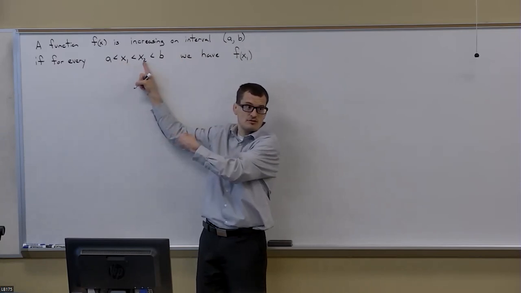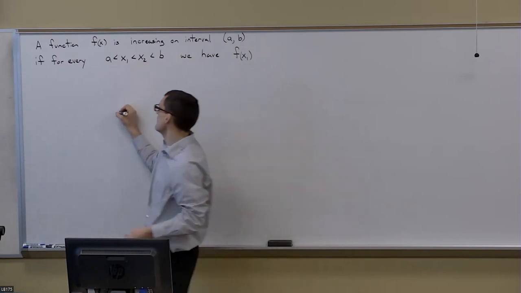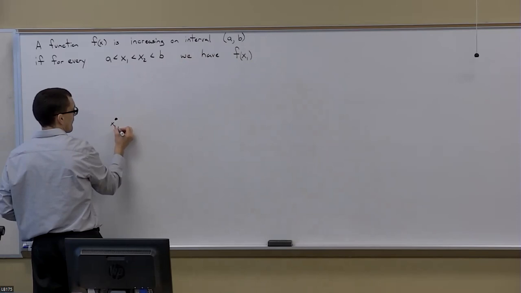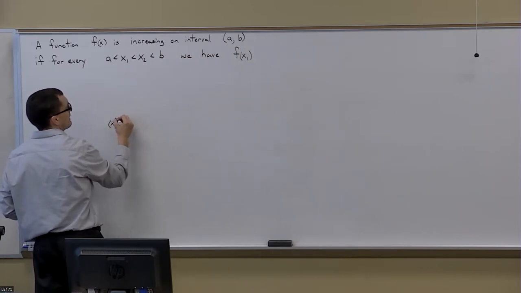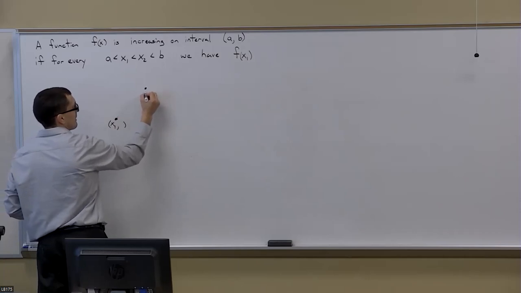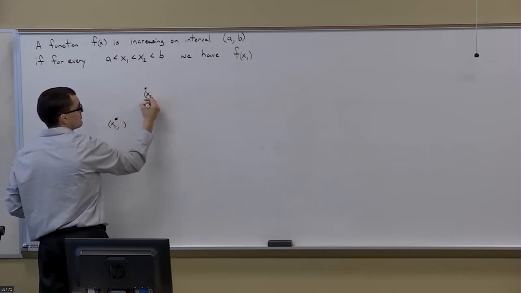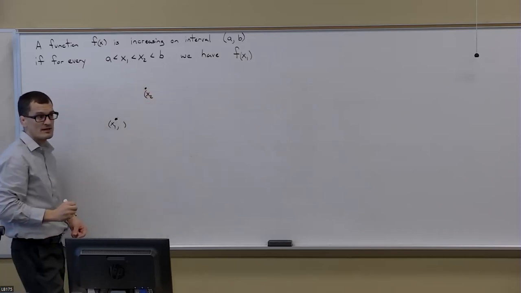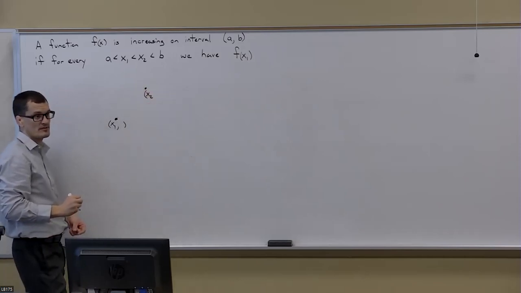Our x2 is the one that's more to the right. So if x1 is more to the left, we get some point. For increasing, we want our x2, which is more to the right, to go up, right? Does that make sense?